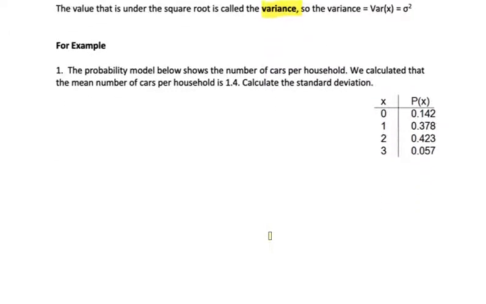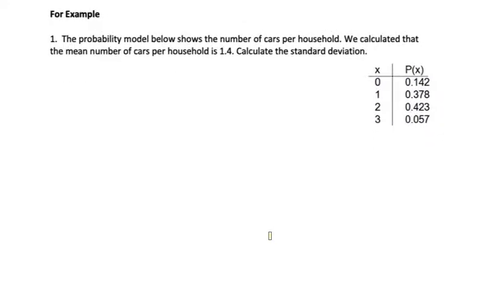So we're going to do this example. We calculated the mean number of cars per household earlier to be 1.4, and so now we're going to calculate the standard deviation. So what I need to do is take each data value and subtract the mean. So we're going to have 0 minus 1.4 for the first one, and so that's negative 1.4, and then I'm going to square that.